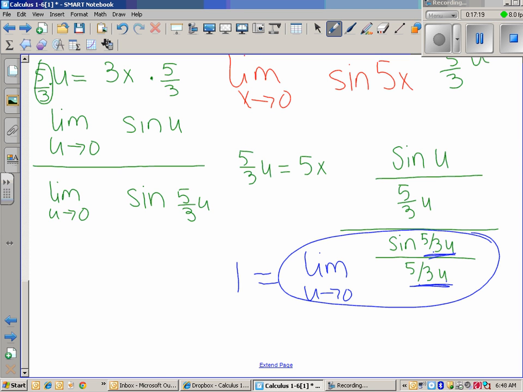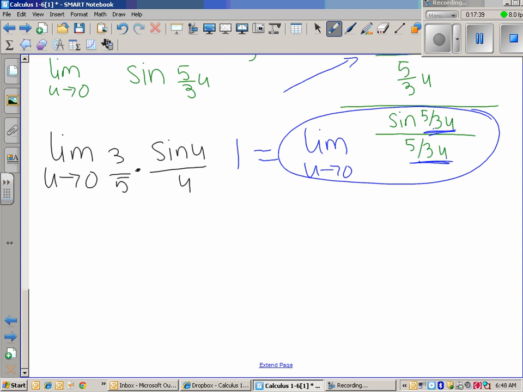The second thing we need to consider requires some more manipulation, because what I want you to see is that this is really sine u over u times 3/5. And that algebra is a little hard. So if you're confused at this point, please just know we're going to do more of these in class.